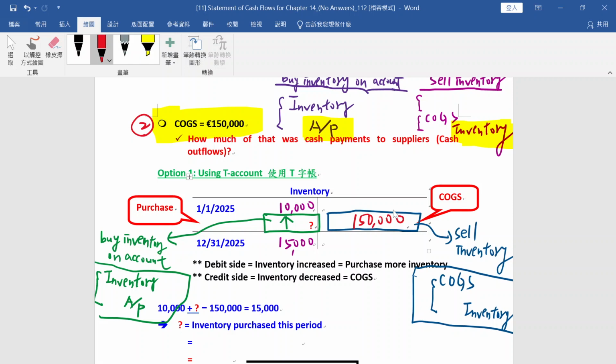The question mark means your accounts payable, how much money you still owe the suppliers. So do you know how to get it? $10,000 plus question mark minus $150,000. You get the ending balance, right? Okay.